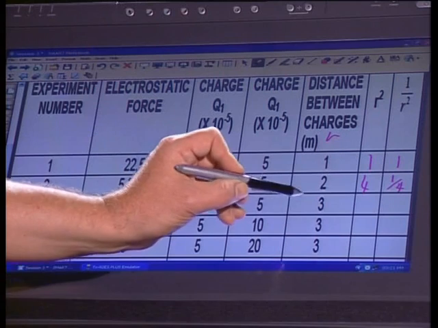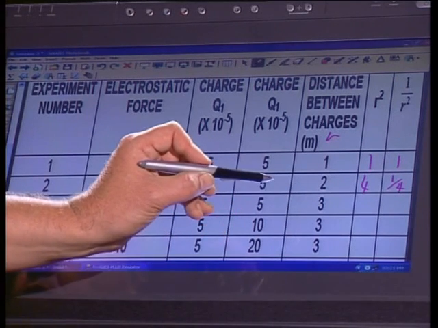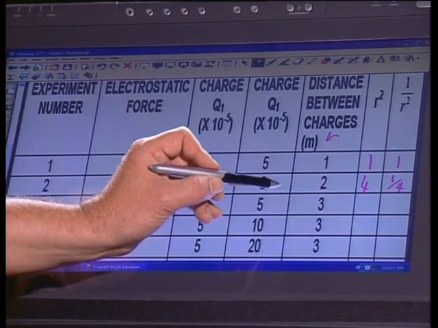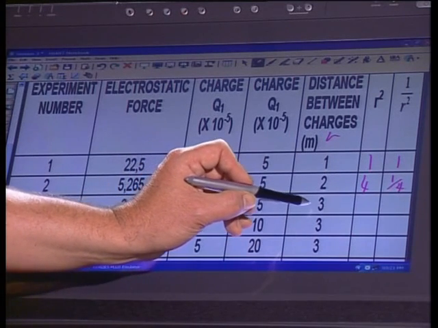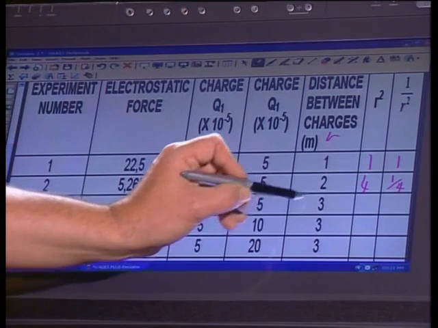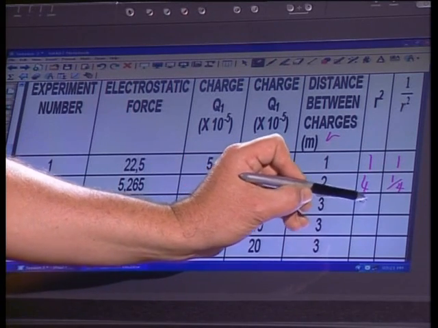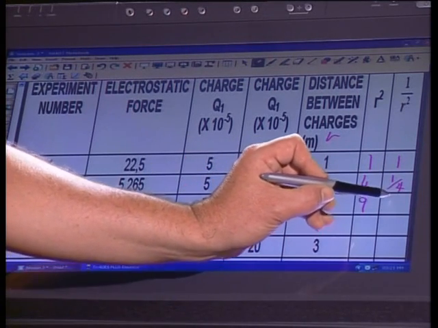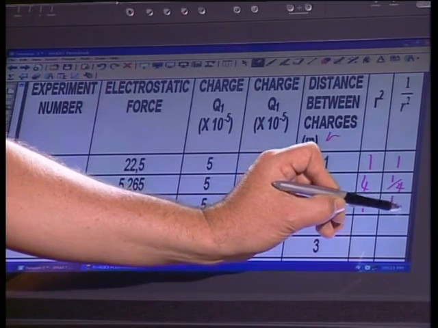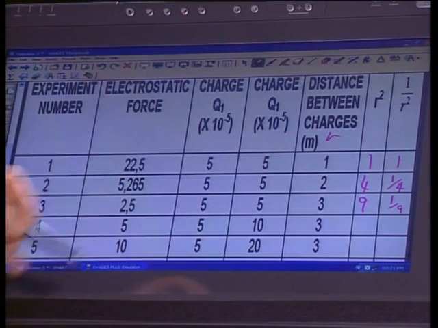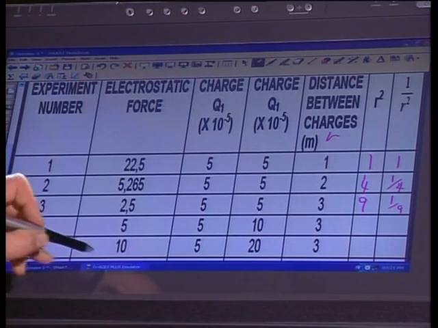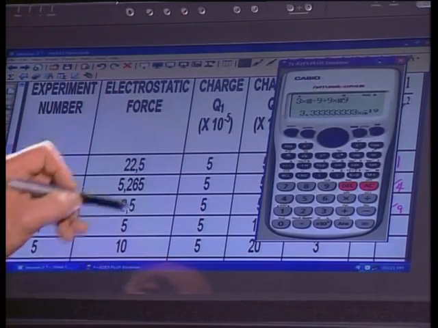And the next one, we're dealing with 3. Let's go to experiment 3 over here. And when we square that, we get 9. And we're going to say that is 1 over 9. You could use your calculator to show what the decimal value is, and the decimal value is not difficult to work out.